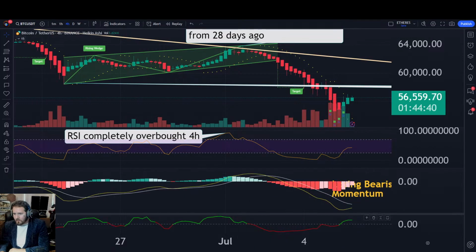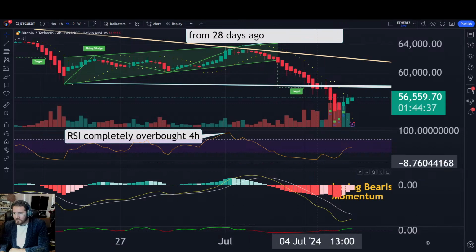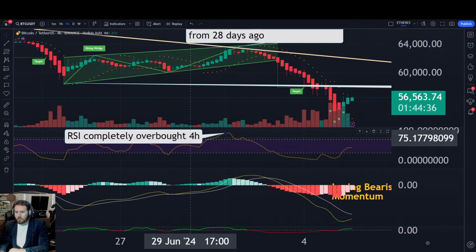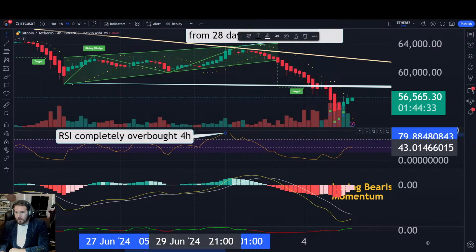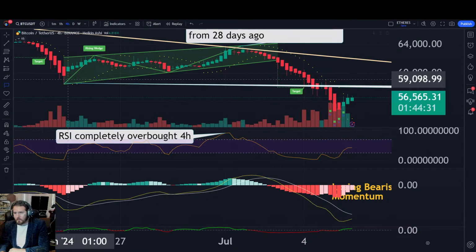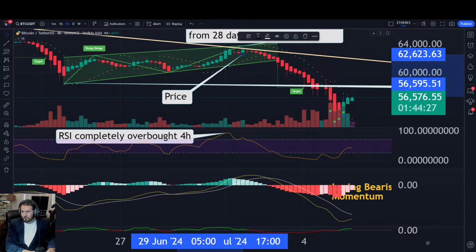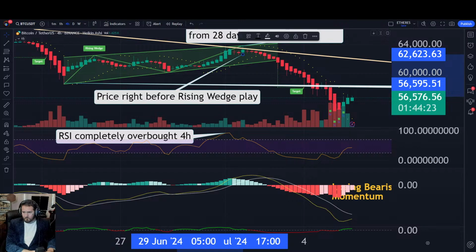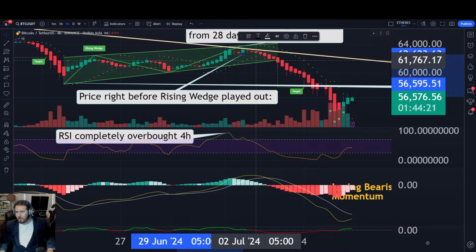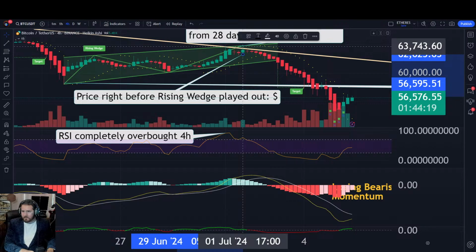So the RSI is completely overbought on the 4-hour. Price right before, and that Bitcoin price was about 63,743.